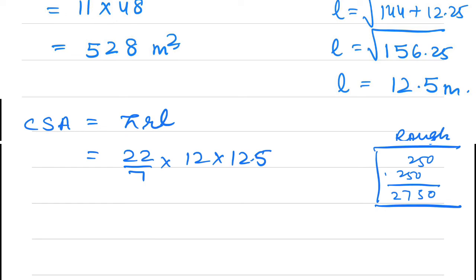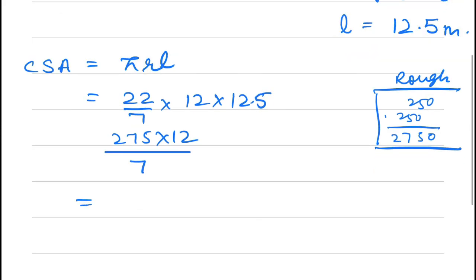So 22 into 12.5 will give me 275 into 12 now and divided by 7. This is equal to 12 5s 60 and 84 and 6 is 9, 12, 24, 24 and 9 is 33, 100 by 7. Now let's divide by 7.